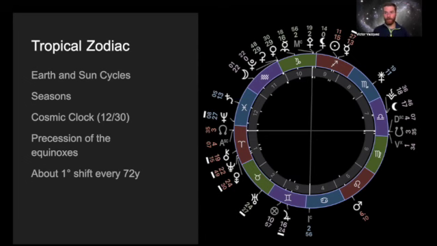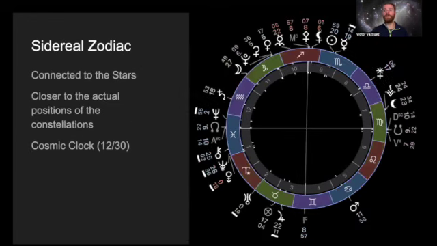And so the Earth wobbles, and that's the reason why about every 72 years, this zodiac shifts 1 degree in relationship to this one, which is the sidereal. So about 2,000 years ago, both of them were the same.